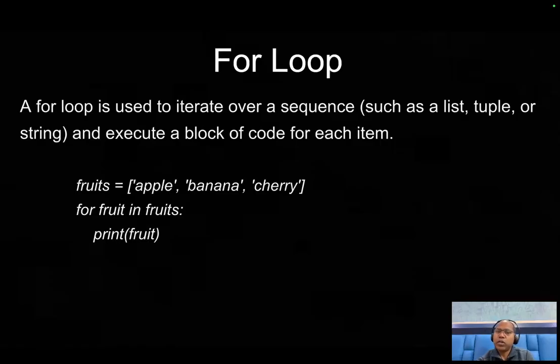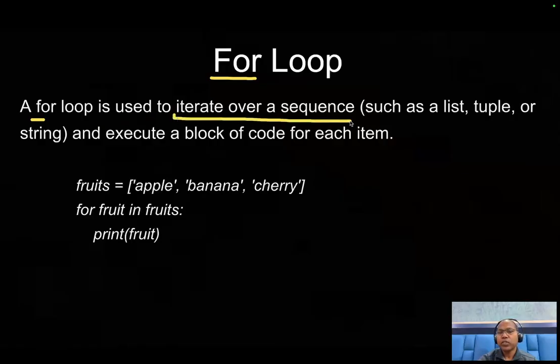Now let's talk about the for loop. Both are similar kinds of things, but the for loop has some additional capability, you can say. A for loop is used to iterate over a sequence such as a list, tuple, and string, and execute a block of code for each item.